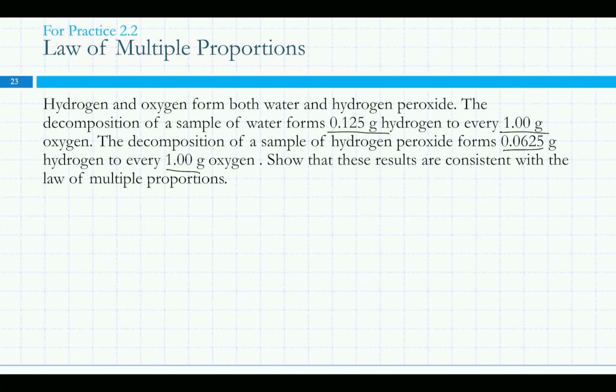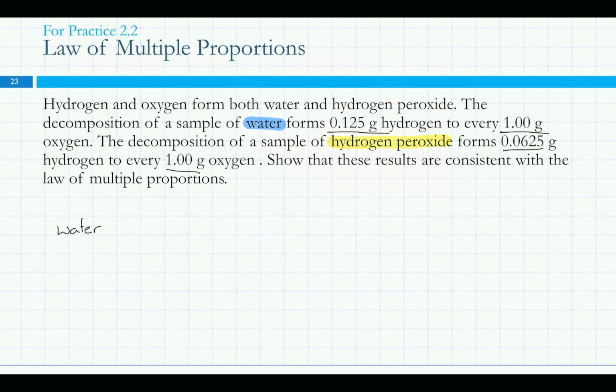Okay, so I'll explain the first step of this, and then I'll give you another opportunity to pause. The first thing that we want to do is, for water and for hydrogen peroxide, we want to determine sort of their law of definite proportions proportion. So for water, and this is pretty easy because we were given already that this is 0.125 grams for every 1 gram.